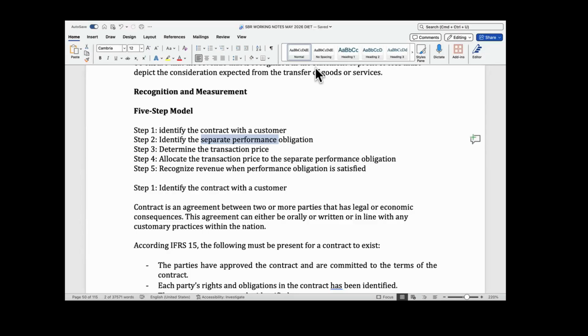And you know what control means? Control means that the customer has legal right over the goods. The customer has physical possession. You are then entitled to your money, and we don't expect that you collect back the goods from the customer. That's control. So we need to be sure that, yes, you have passed control. As soon as you have passed control, then that is when you can recognize the revenue. So at a point in time, we need to really check, has control been transferred? That's the major check there.